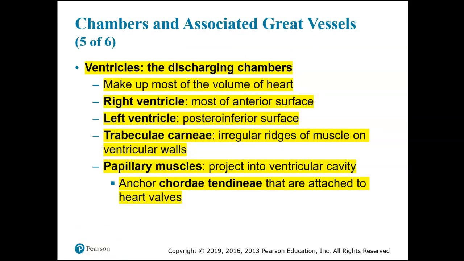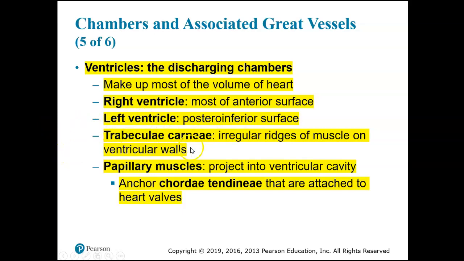The ventricles are the pumping chambers of the heart. The right ventricle makes up most of the anterior or front surface of the heart, and the left ventricle makes up the back of the heart mostly, but it is the largest of the two ventricles.